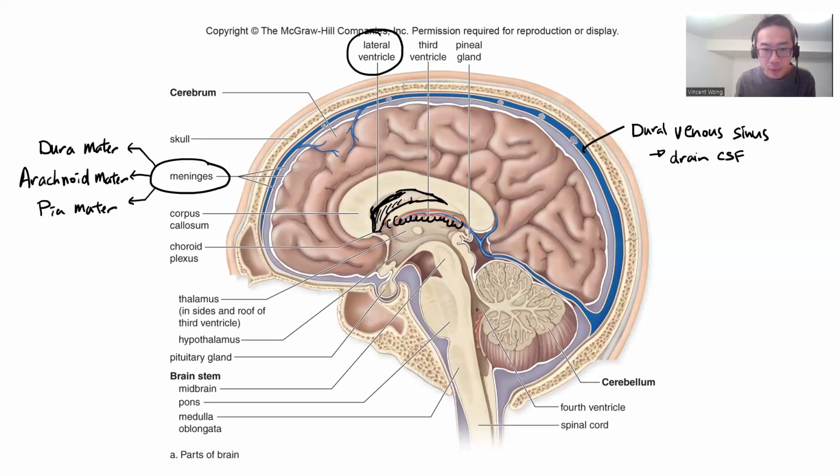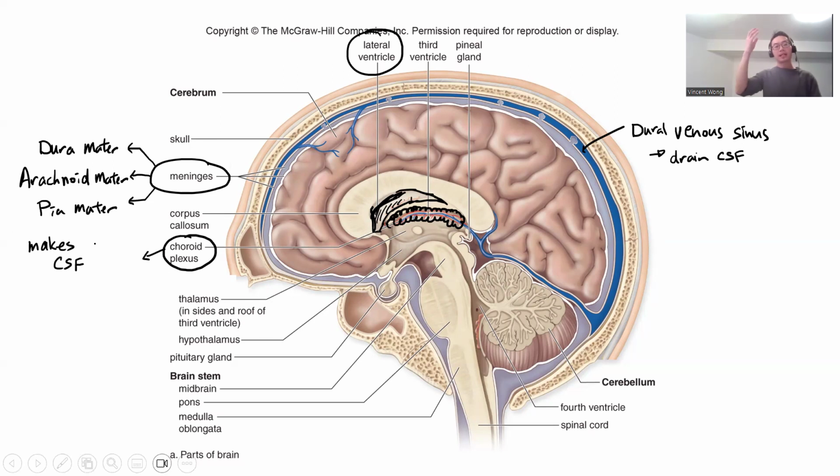It was drawn kind of like these cloud-looking structures in the study guide, and that's the choroid plexus, right? If you don't remember what the choroid plexus is, I'll write it down for you here. The choroid plexus is a vascular tissue. That means it has a lot of blood vessels that basically makes CSF.